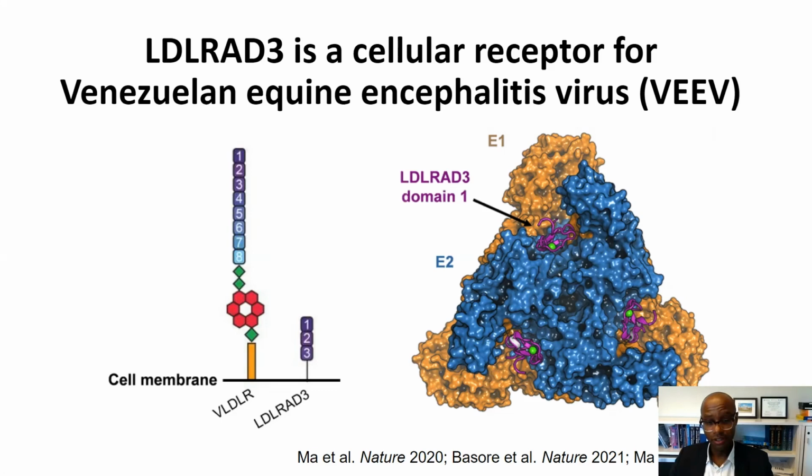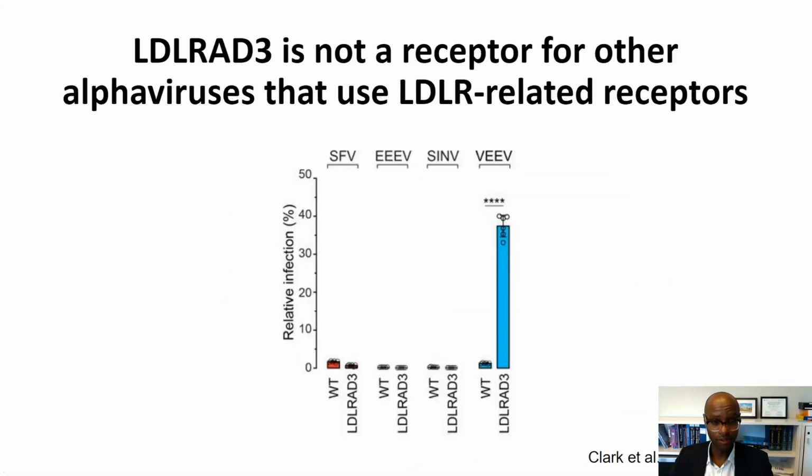But because there's structural homology between LA repeats found in LDLR-83 and LA repeats found in the VLDLR ectodomain, we wanted to see whether or not LDLR-83 could serve as a receptor for other alphaviruses that use VLDLR. And what we saw indeed was that Semliki Forest, Eastern equine, and SINV could not use LDLR-83, despite their ability to bind the ligand-binding domains of other receptors.